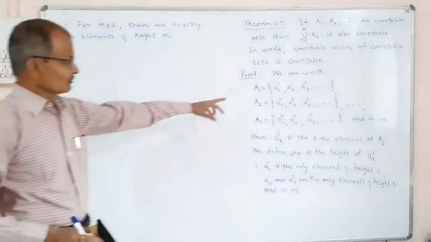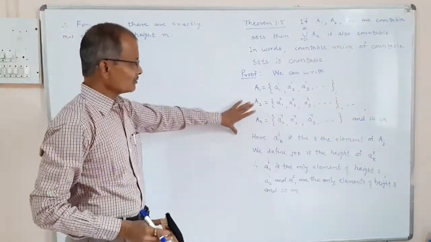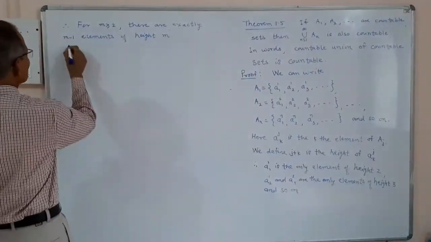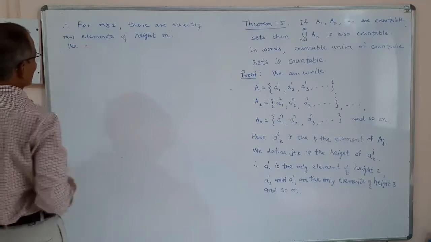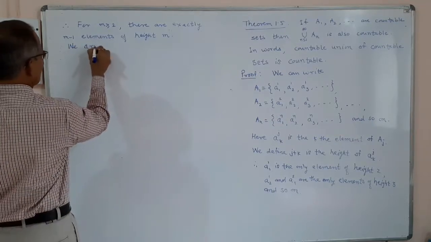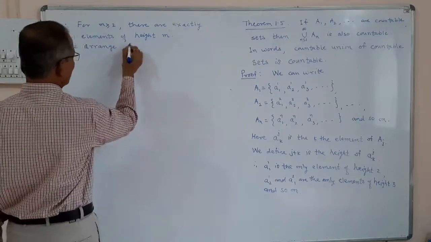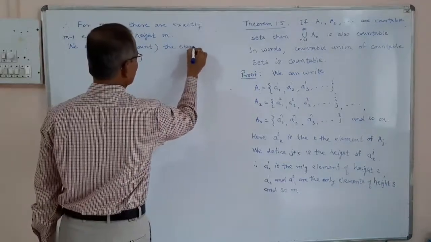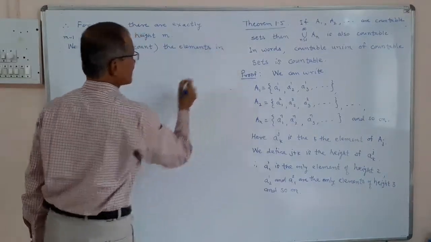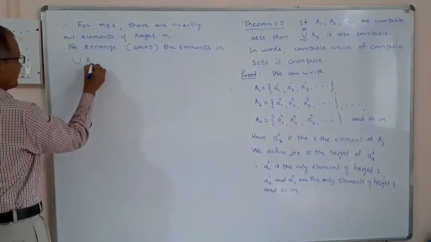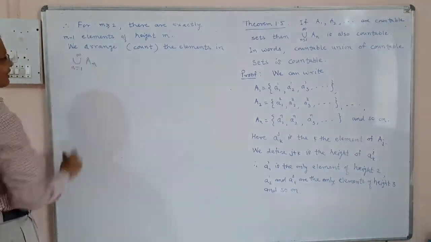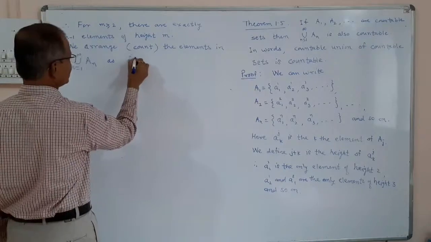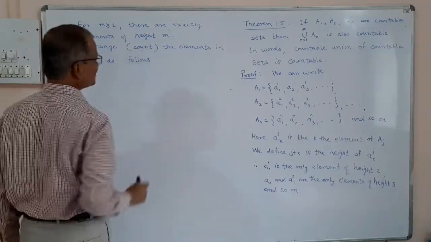Now we shall count the elements of this A1, A2, An. The union of all these means the set containing all the elements. Now we count, or we arrange, the elements in the union of An, n taking values 1 to infinity, as follows, according to their height.